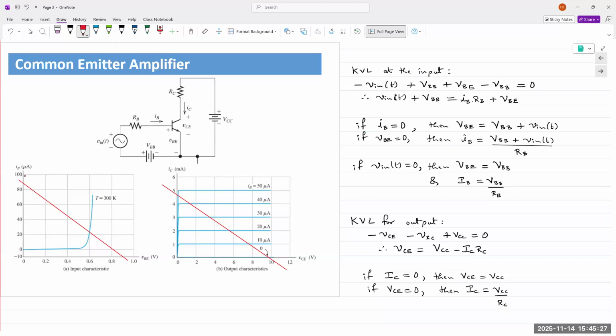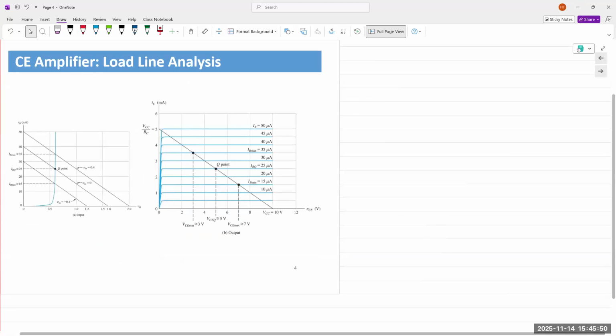All right, any questions so far? All right. Okay, let's look at some values in the example.